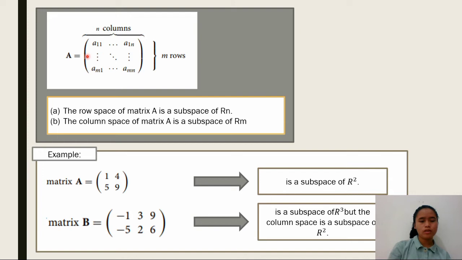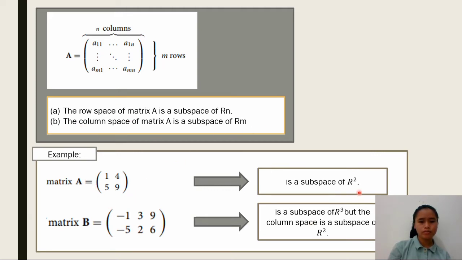Okay, we have to know the columns and the rows. The row space of matrix A is a subspace of Rn, and the column space of matrix A is a subspace of Rm. So row space is in Rn and column space is in Rm.